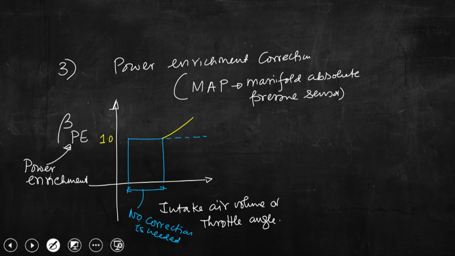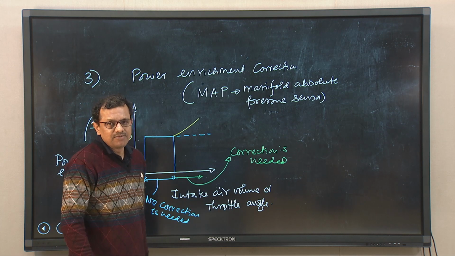So, for this range correction is needed, that you can understand. This is essentially power enrichment. So, power enrichment is very important.